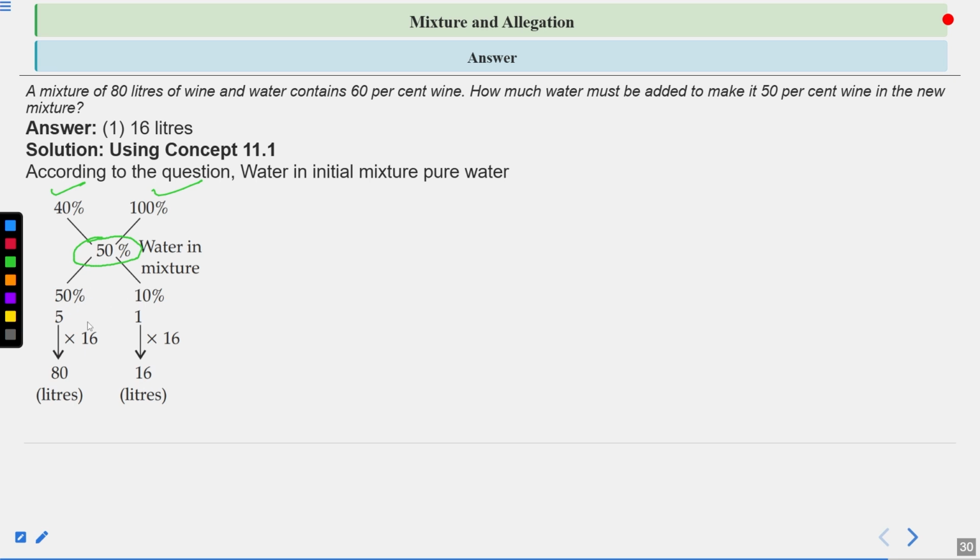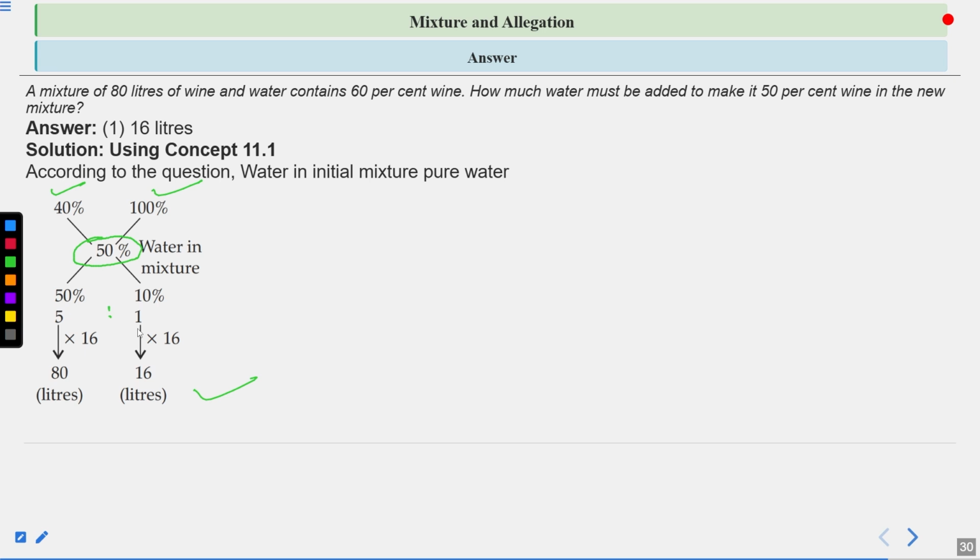Now when we simplify it, we get the ratio 5:1. Now we know that these 5 units equal 80 liters, so 1 unit will be 16 liters. So how much water do we add? We add 1 unit, which is 16 liters. So the first one is the correct answer of this question.